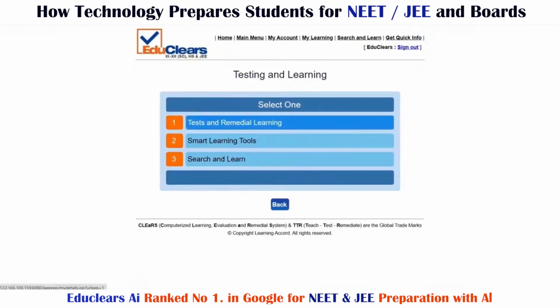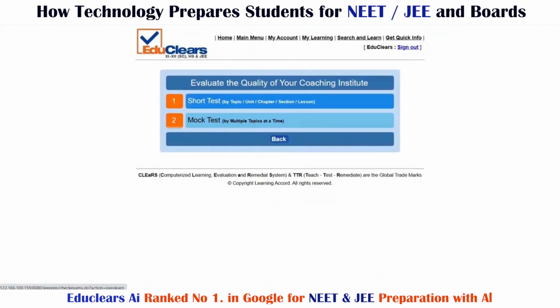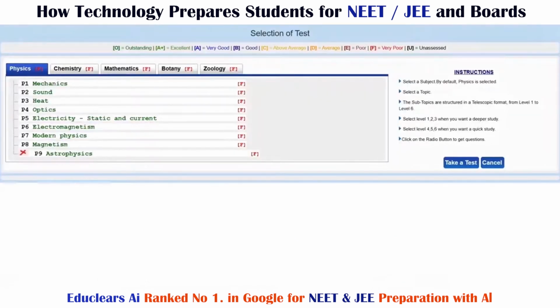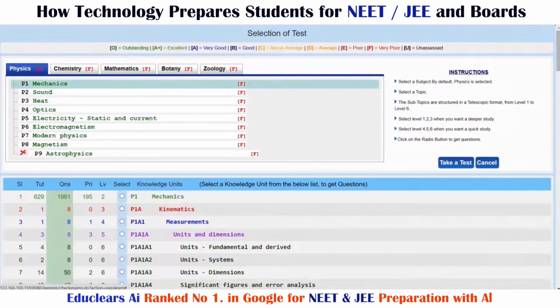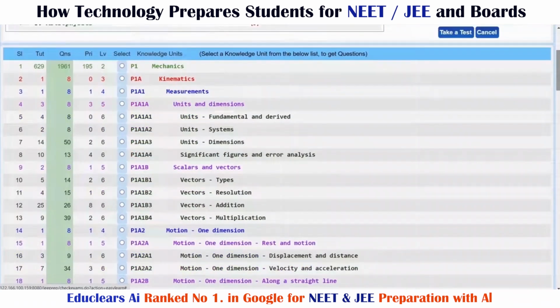Let us assume that a student is in class 11 and has started with mechanics in physics. Here, the first thing that I want to show you is how in Educlears we have divided the topic into chapters and subchapters.